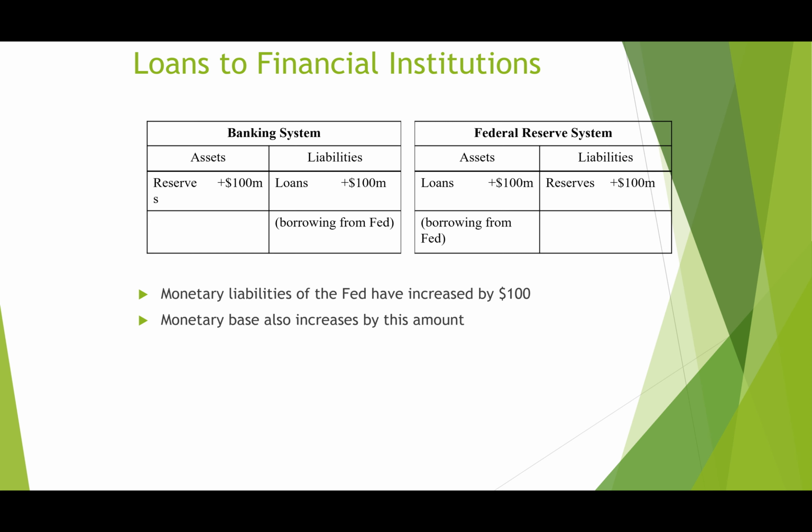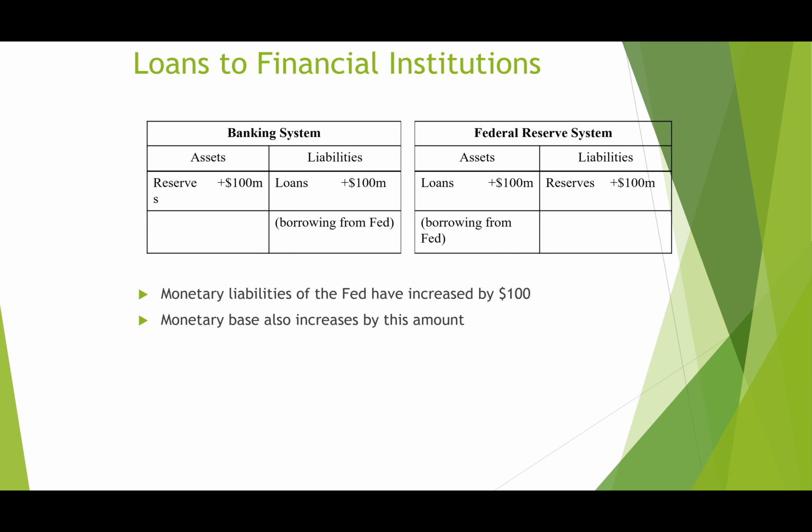There you can see on the right-hand side, let's start off with the Federal Reserve System balance sheet, that loans go up by 100 million. What does the Fed do to give that loan? It simply increases the bank account of the commercial bank with the Fed by 100 million. So you can see the Fed's balance sheet just goes up by 100 million.